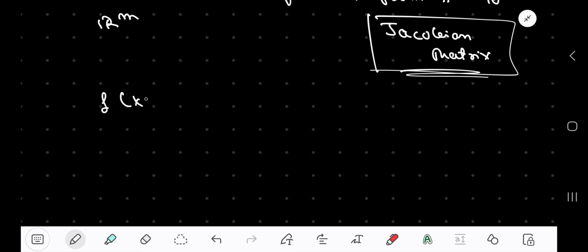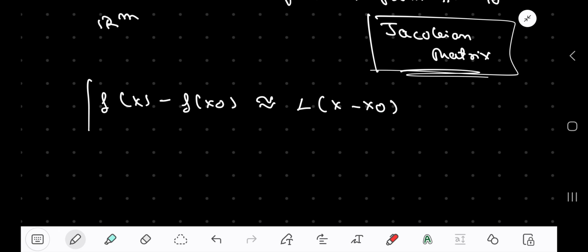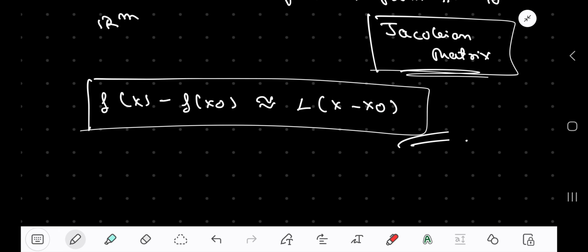So f(x) minus f(x naught) is approximately equal to this linear transformation evaluated at x minus x naught. Because the denominator which we are dividing by is also a very small quantity, because x is taken in some very small neighborhood around x naught, and we are taking the norm of that, so it is also a very small quantity.